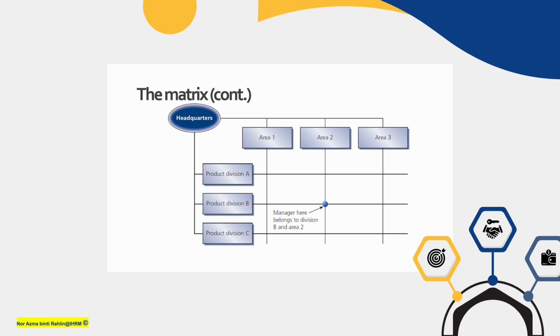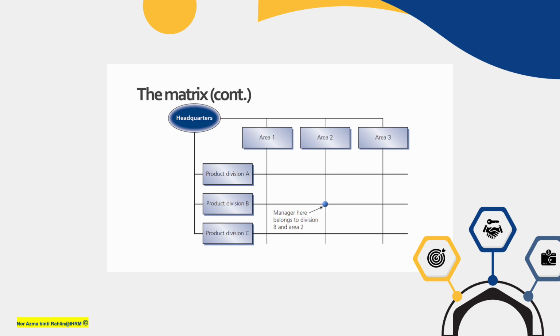It seems like a manager in area number 2 has to report to area number 2 and also has to report to product division B. So it is more complicated than the previous organization structure.